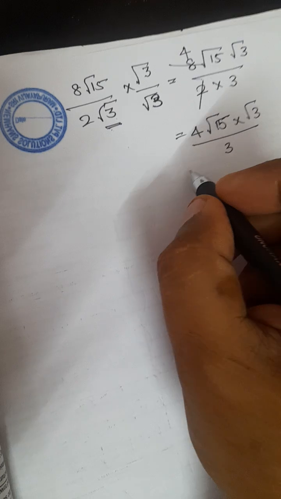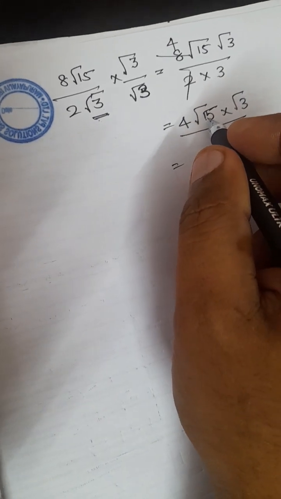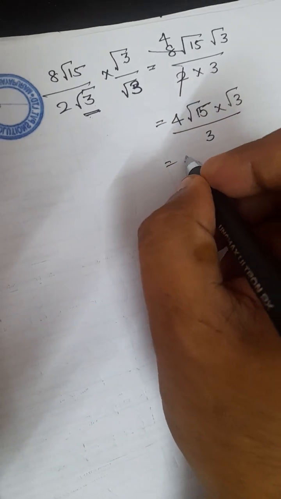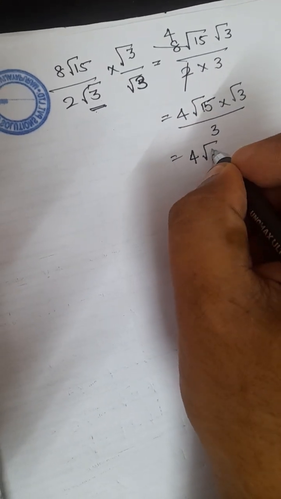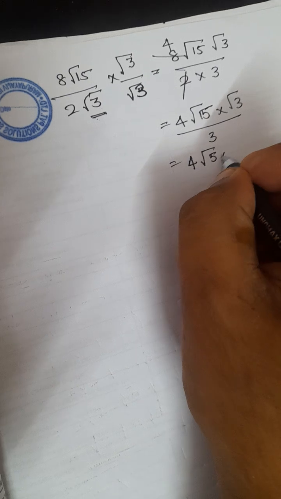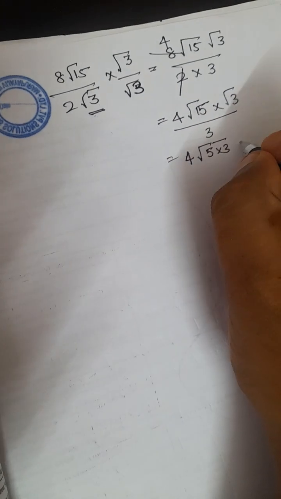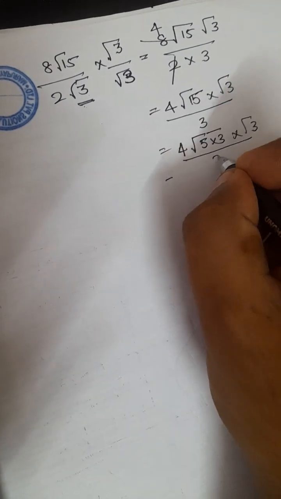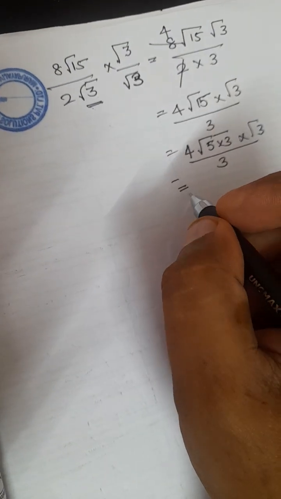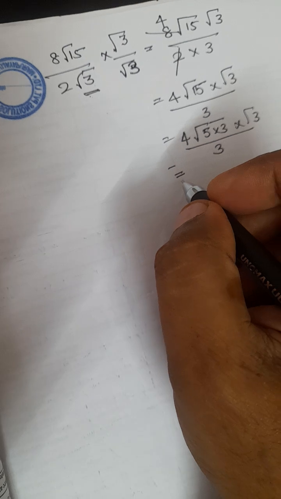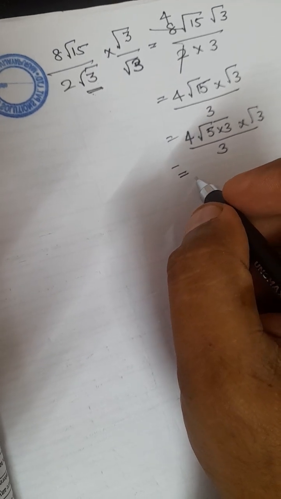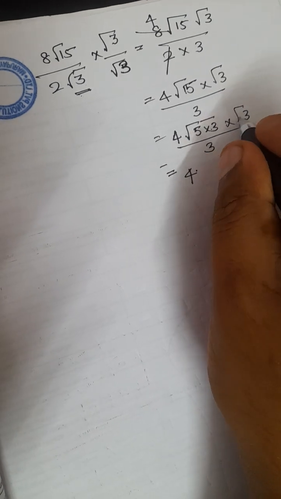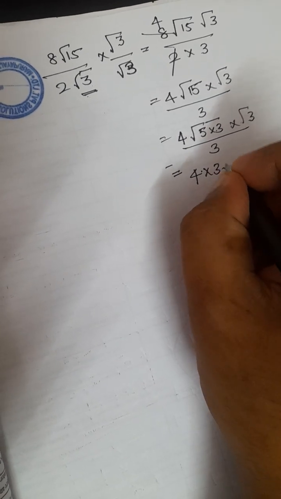Now 15 can be written as 5 into 3, so root 15 into root 3 becomes 3 root 5.